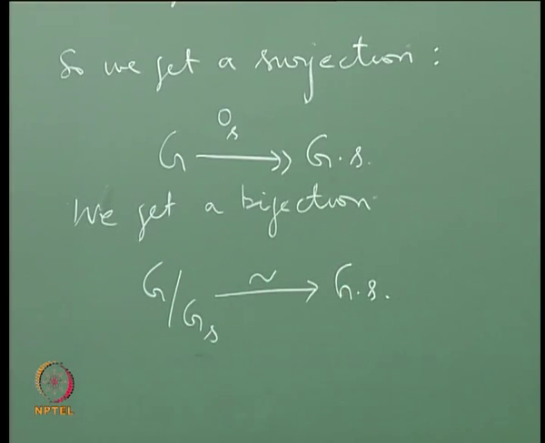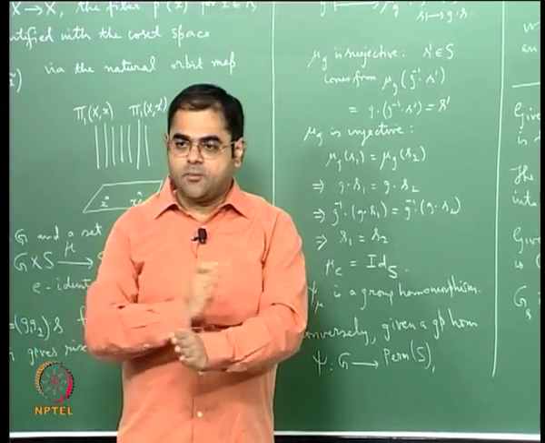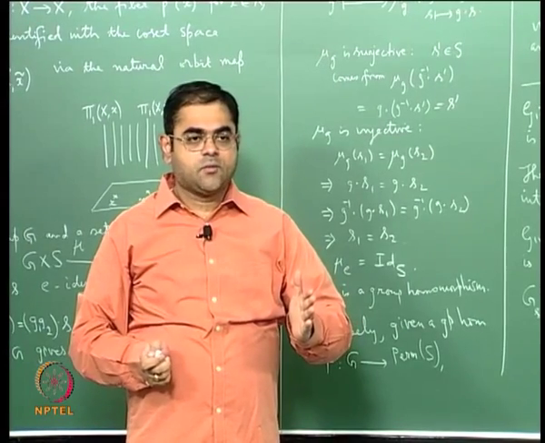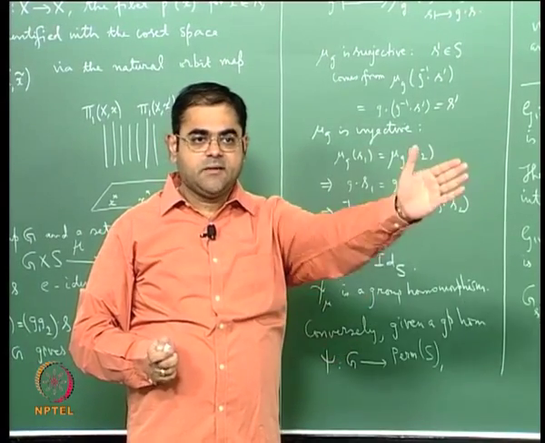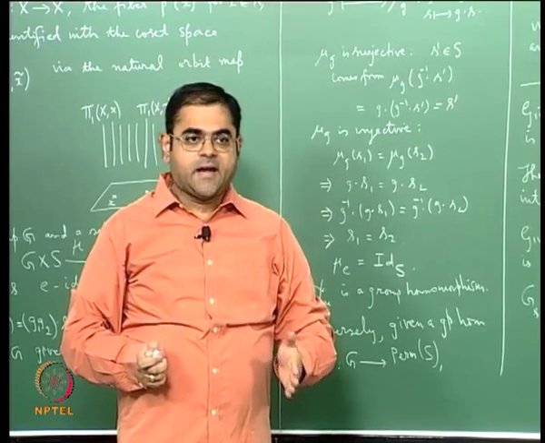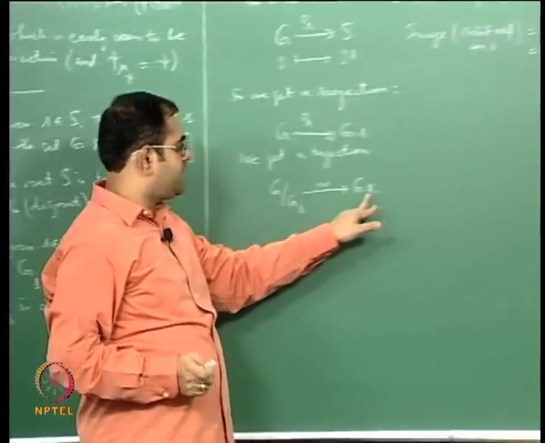So this is the picture that you get when a group acts on a set. The set is broken down into orbits, and each orbit looks like the coset space G modulo the stabilizer of an element in that orbit. Of course, I fixed an element s.